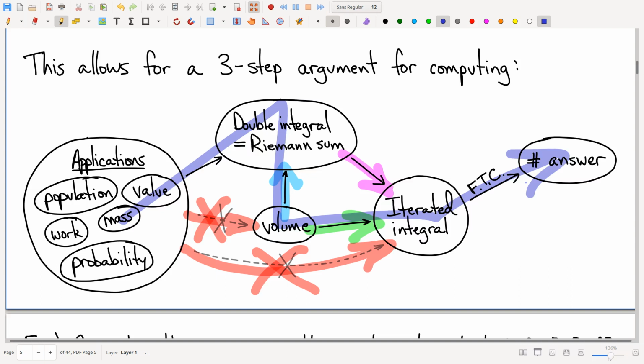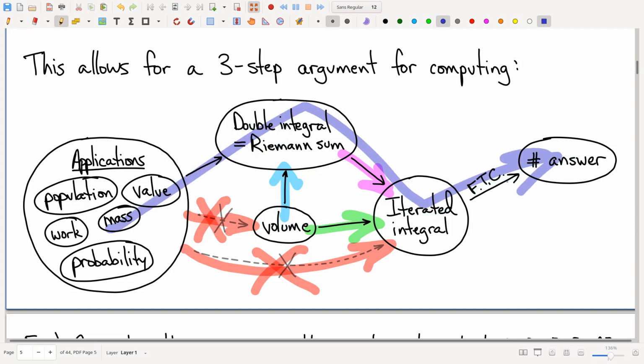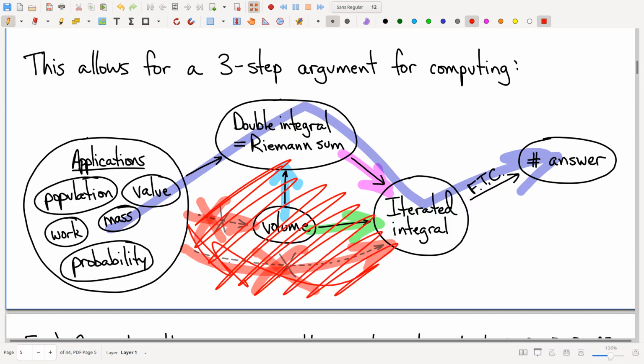It's just not necessary. We got a theorem here now, so volume doesn't need to be brought up, and I can just do this. So, practically speaking, at this point, with volume having served its purpose, it doesn't really need to be thought about at all anymore. Everybody clear on what our strategy is going to be?